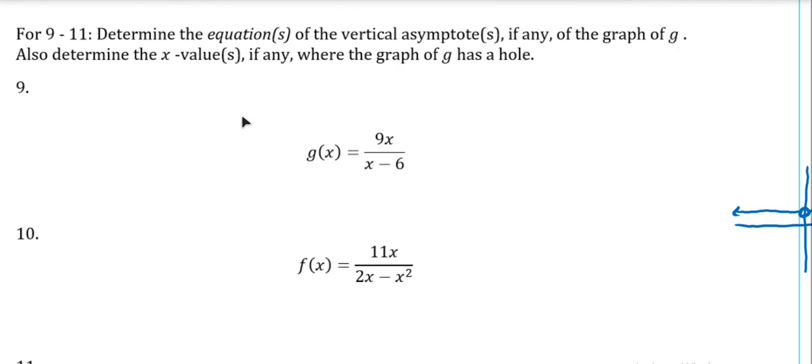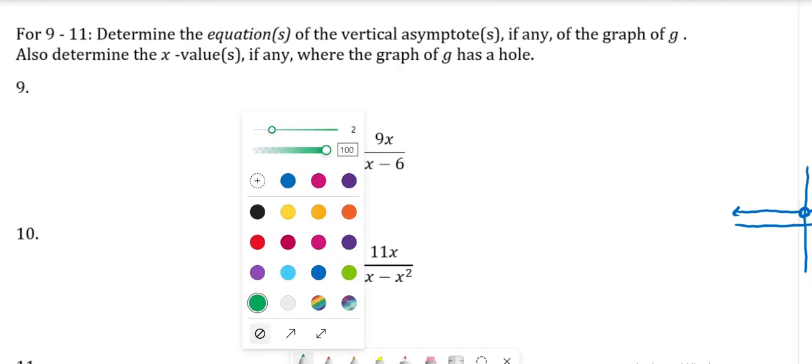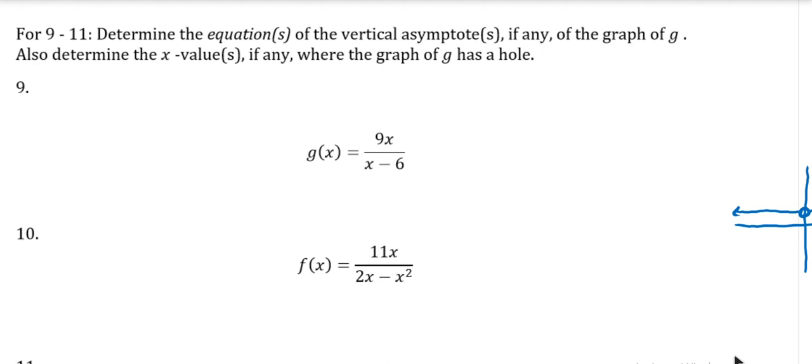We're going to be looking for where are we dividing by 0 and where is it canceled, versus where are we dividing by 0 and it is not canceled. Here we have a 0 where x is equal to 6, and there is no corresponding x minus 6 term on top, so that's going to get a vertical asymptote.